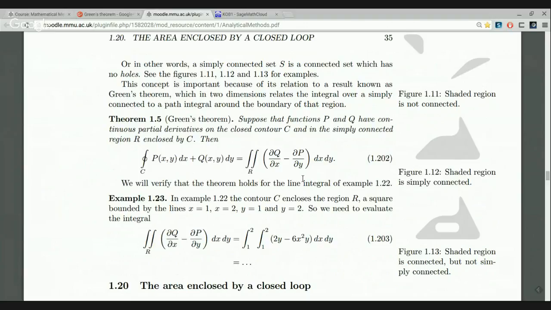And the reason why the minus sign is attached to the y derivative is linked to this choice for the orientation of the boundary curve. Remember, by default, when we say we integrate along a closed curve, the default direction is taken as being anti-clockwise. But there's nothing God-given about that. That's simply our choice to integrate around it in the anti-clockwise direction.